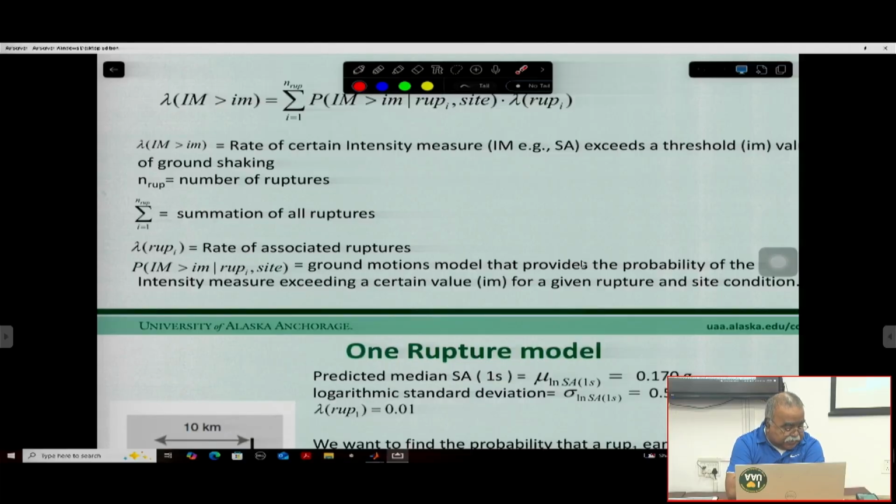When we were discussing, Dr. Agarwal was pointing out the hazard calculation, and he mentioned that it can be done in two ways.